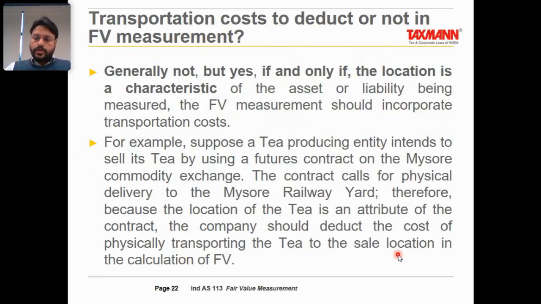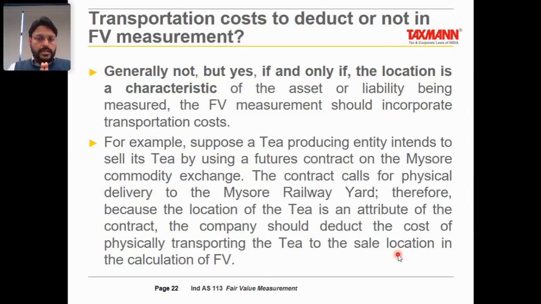So the next concept is whether to deduct transportation cost in measuring the fair value. So what are the transportation costs? Suppose I want to sell a particular asset and I have to transport it to a particular destination as expected by the buyer. Now those transportation costs, do I need to adjust while arriving at the fair value for that particular item?